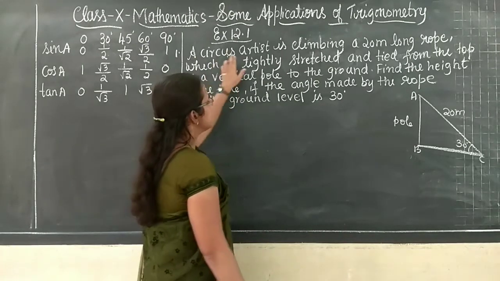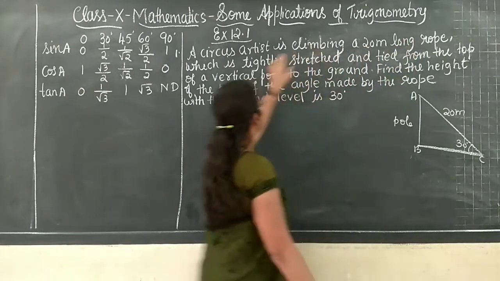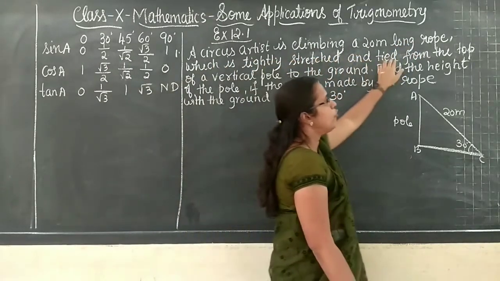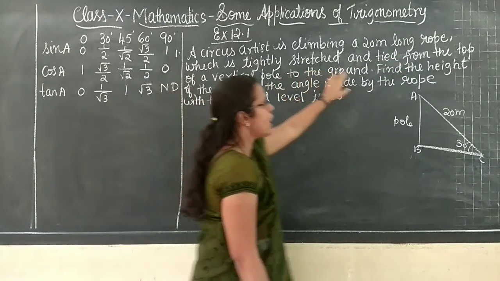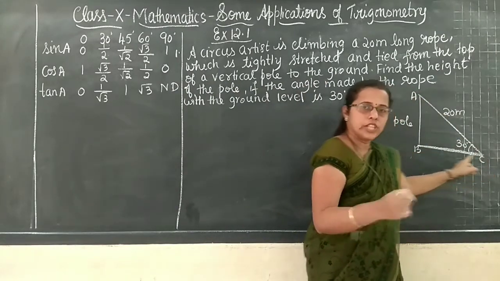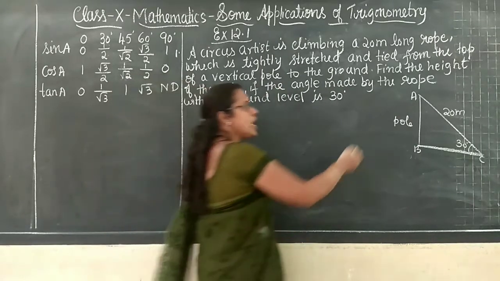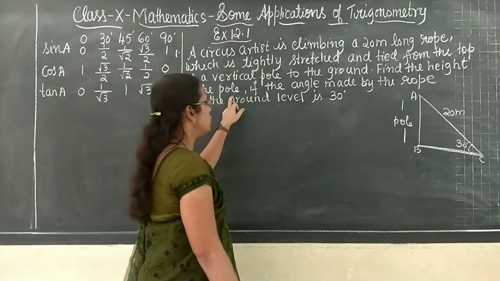Now see here, a circus artist is climbing a 20 meter long rope which is tightly stretched and tied from the top of a vertical pole to the ground. Find the height of the pole. This height you have to find out.